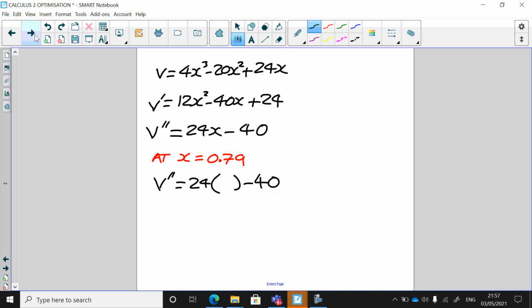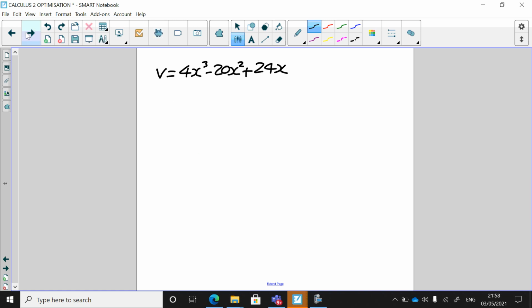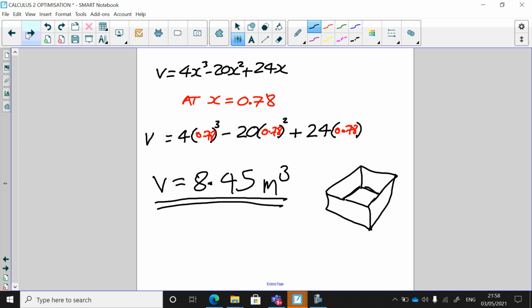Right. And I'm going to change this. I know I put that in as 0.79, but it is 0.78.